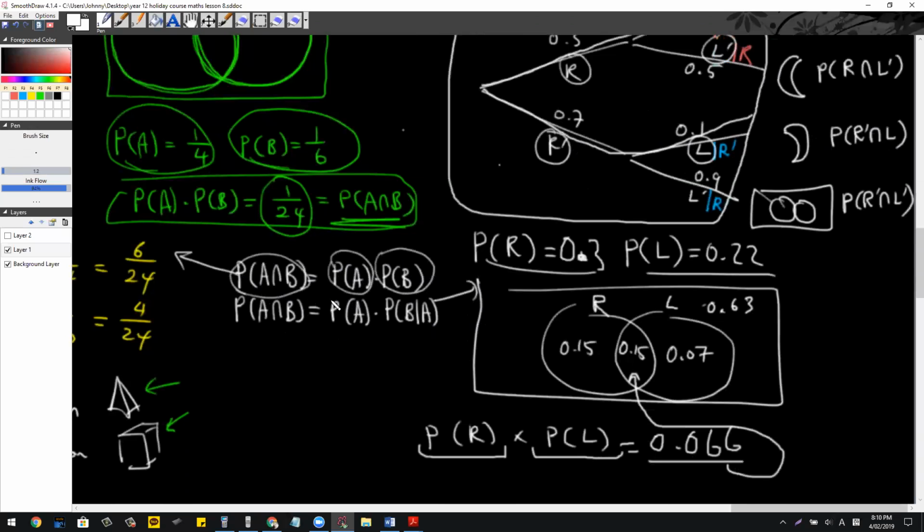But if it is dependent, then this one times this one, which is still B but given A, will equal this one, not P of A times P of B. This will not equal because it's dependent. But we can also let A and B equal P of B times P of A given B.